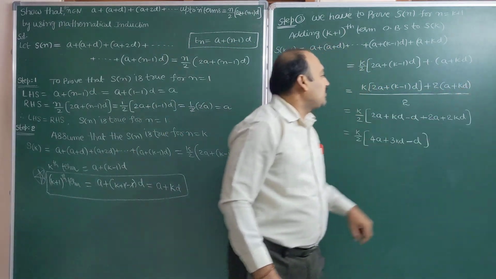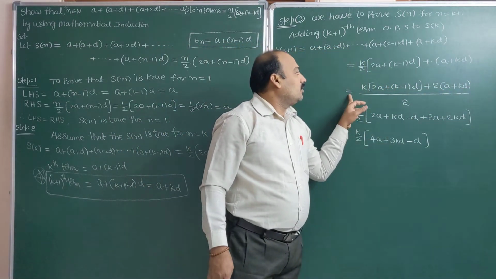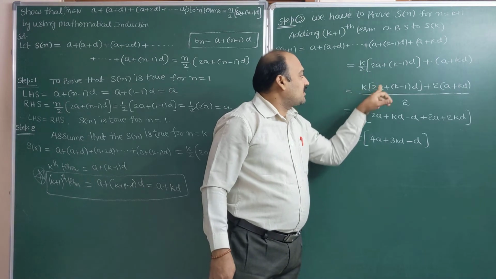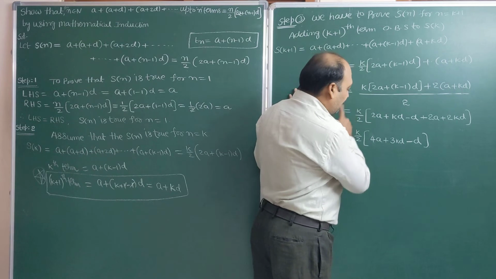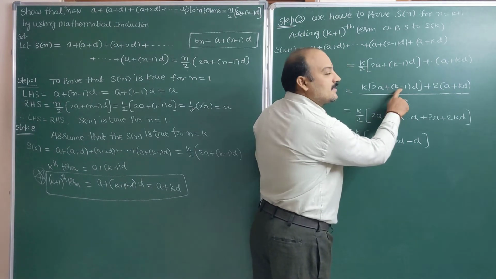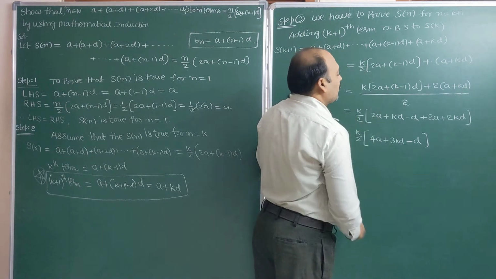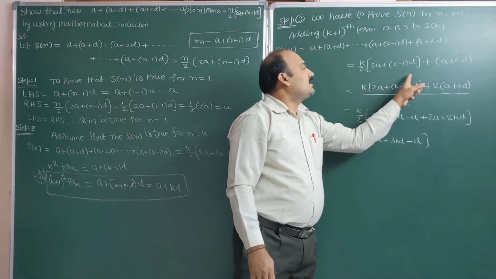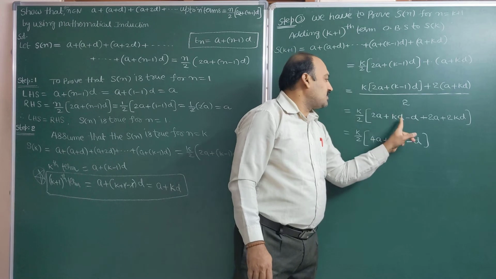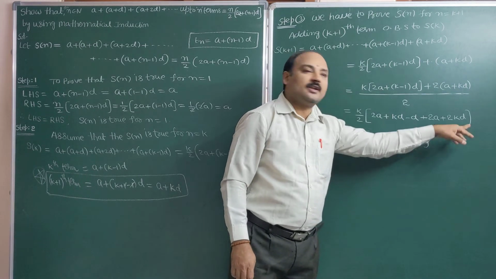So 2 also we multiplied there. So the rest of the terms, k into 2a. So this k will come for this also, dear students. k into 2k. So take LCM 2, k into 2a plus kd minus kd plus 2a plus 2kd.